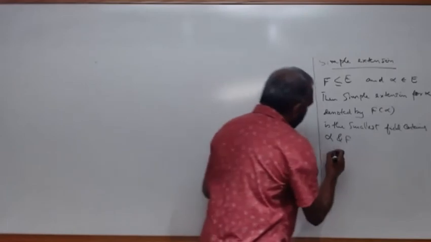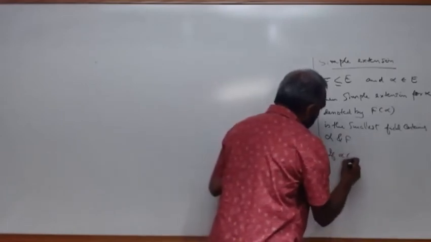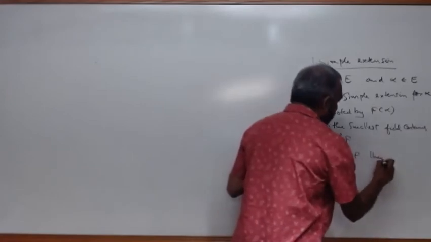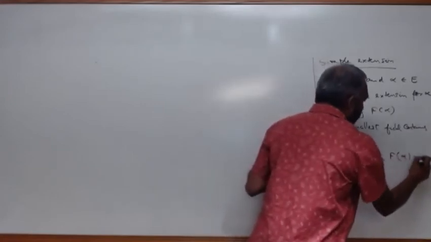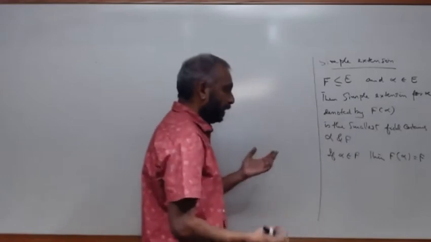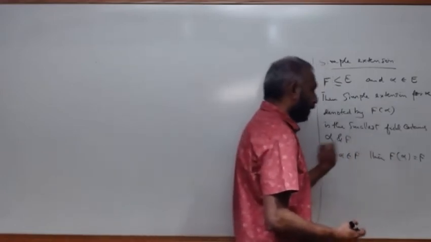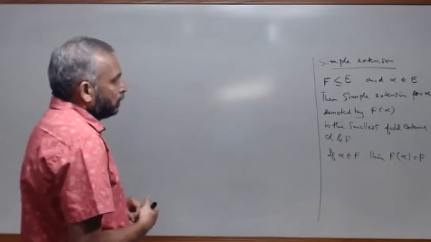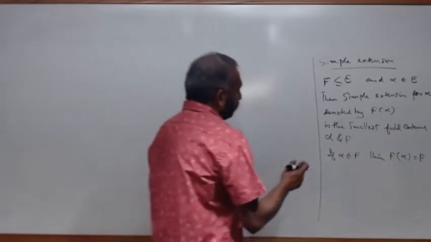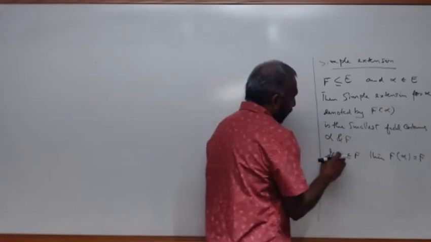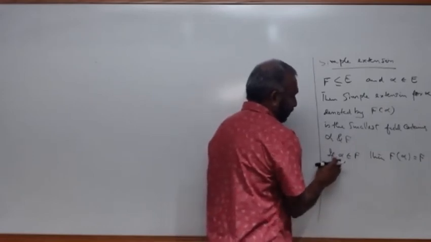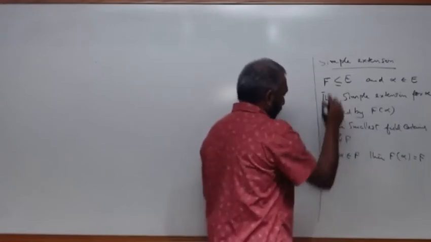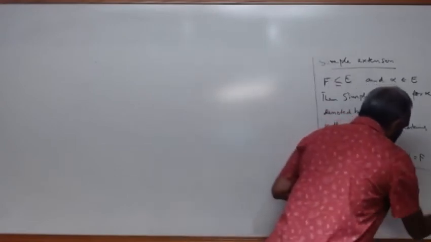So if alpha belongs to F, then F(alpha) is equal to F, because that contains both alpha and F. Our interest is when alpha is not in F but in E. So it's going to be like this.